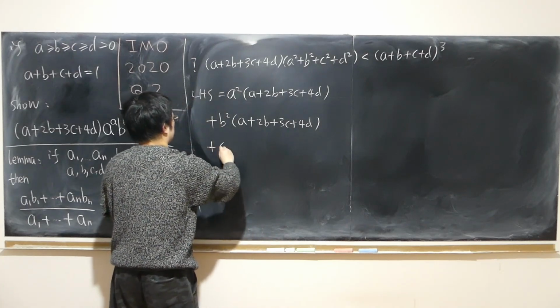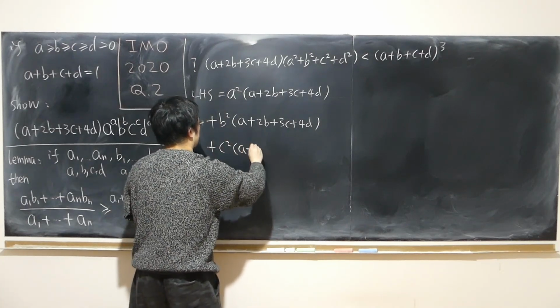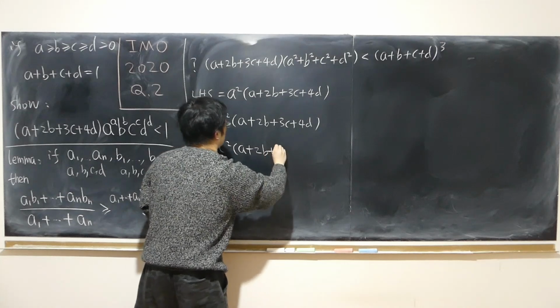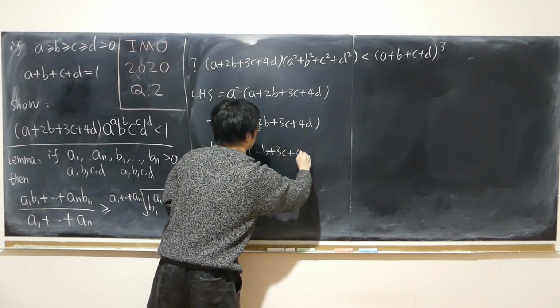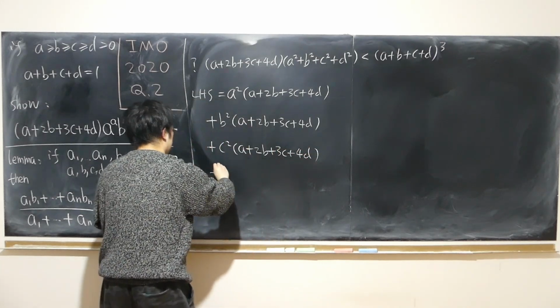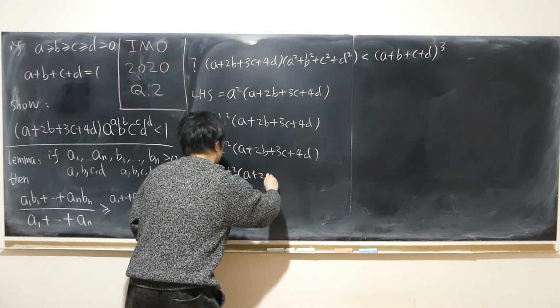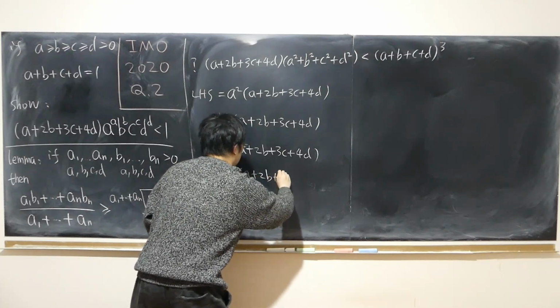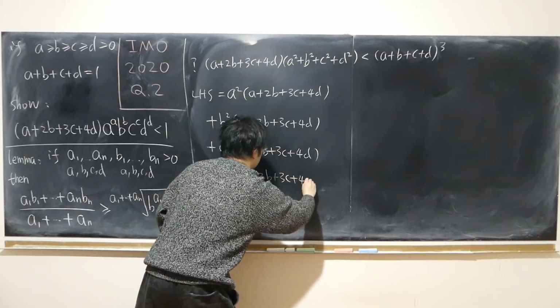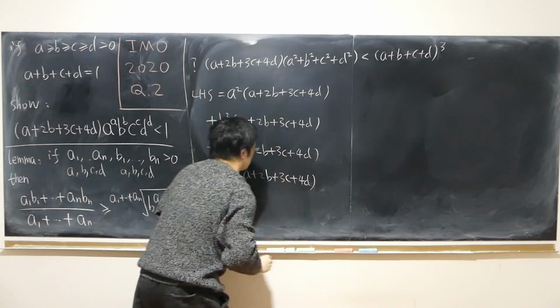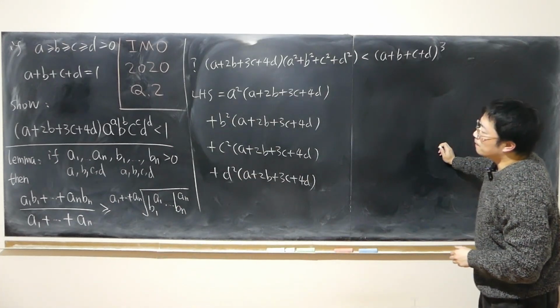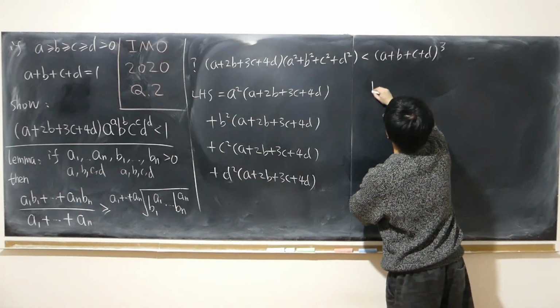Likewise, C squared multiply A plus 2B plus 3C plus 4D. Last, D squared times A plus 2B plus 3C plus 4D. Right? So right-hand side.